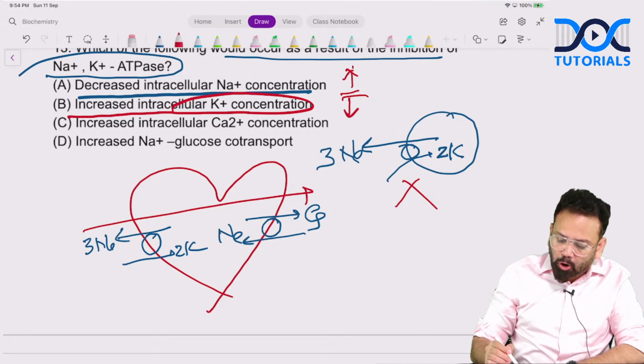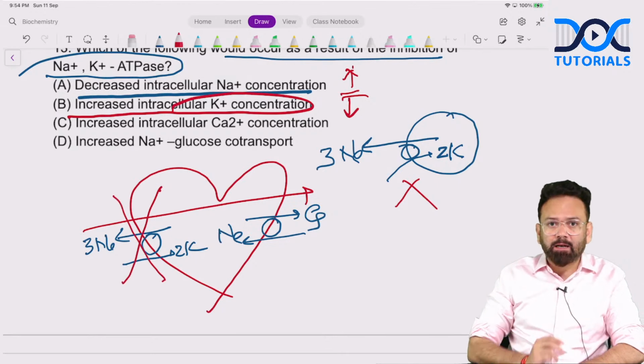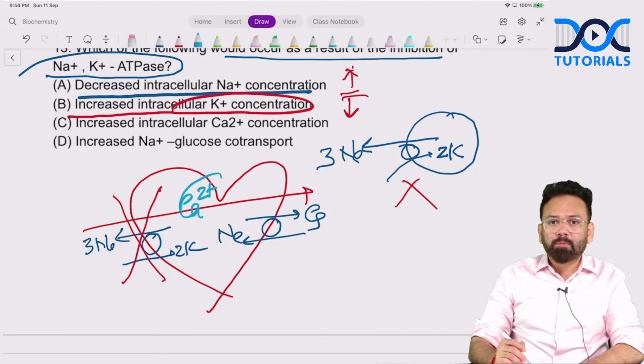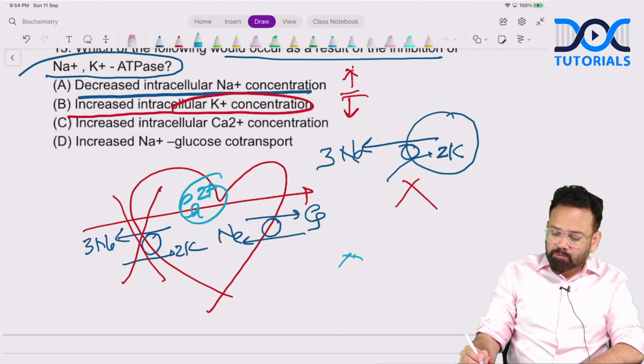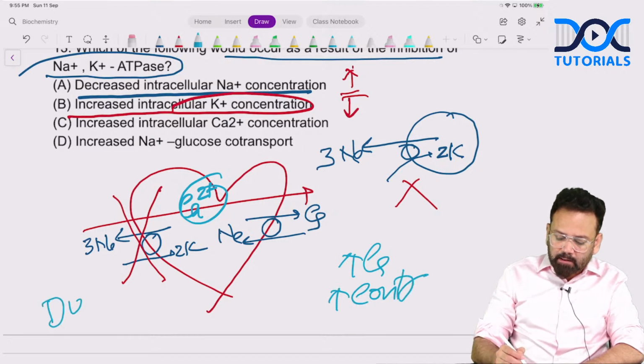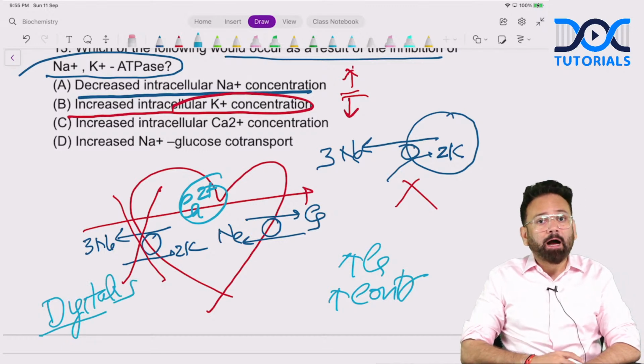Now if you block this, calcium will not go outside, calcium will be more inside the cell and this will cause increased contraction. That is how digitalis causes positive inotropy.